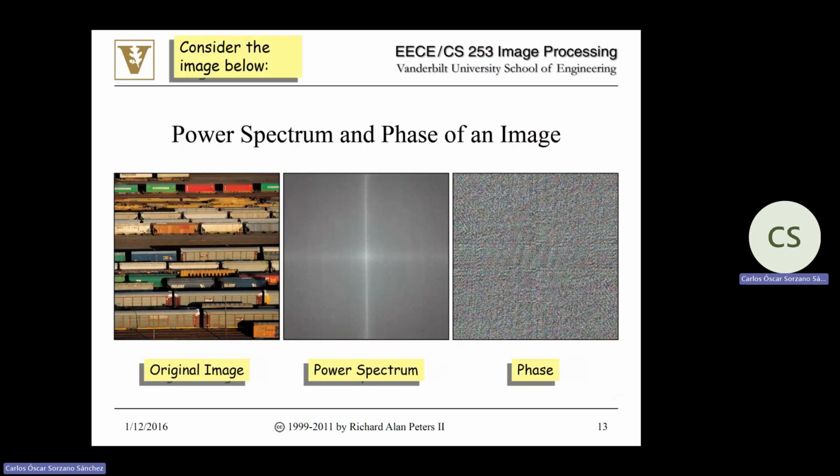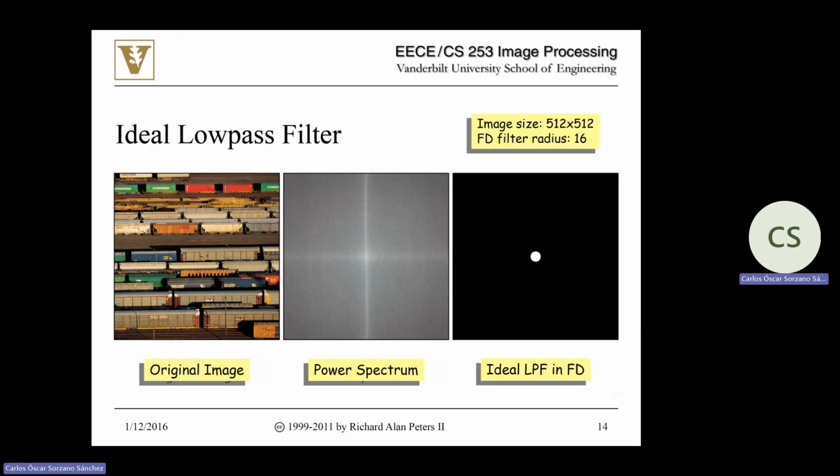Okay, so let's filter real images. Let's say that we take this image. This is the Fourier transform, so this is the power spectrum density, and this is the phase spectrum. Then we put the ideal low pass filter in Fourier space.